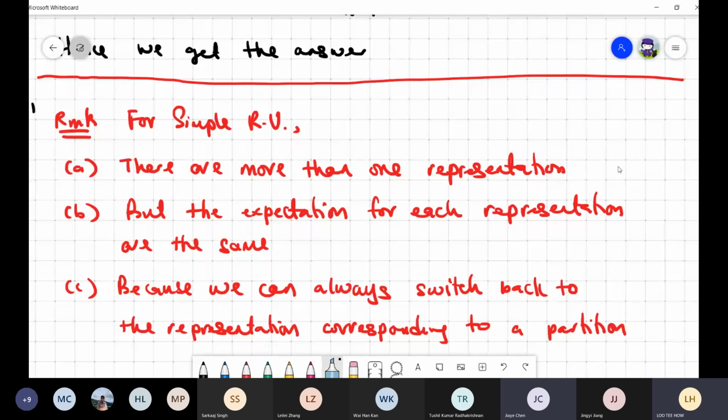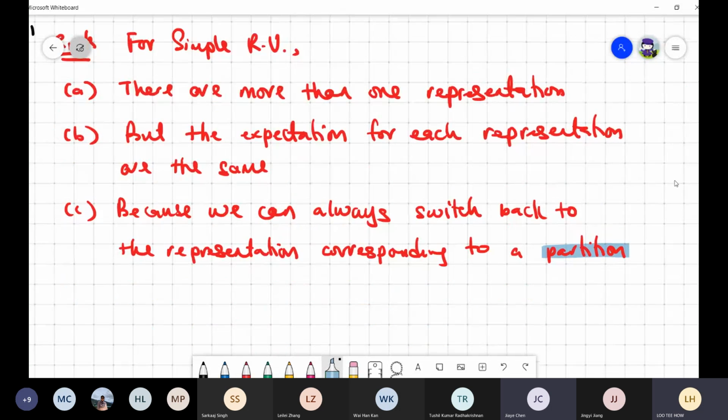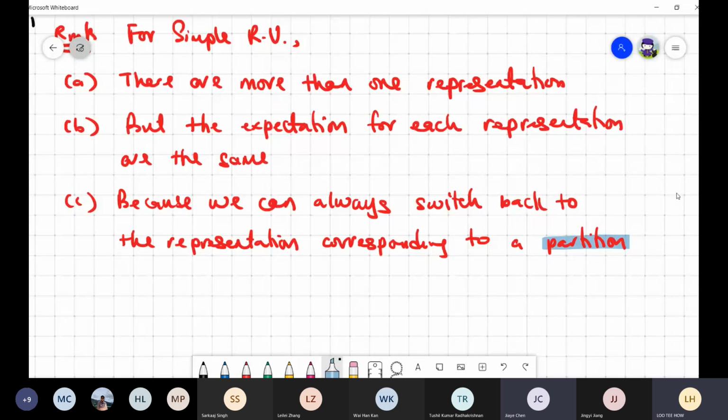So we can always do that partition. Maybe I give you examples. We can always rewrite it in terms of the indicator function. So just to give you examples, right?